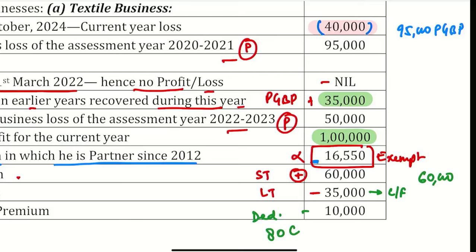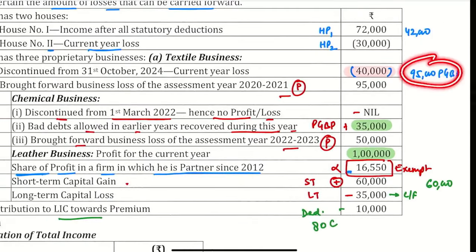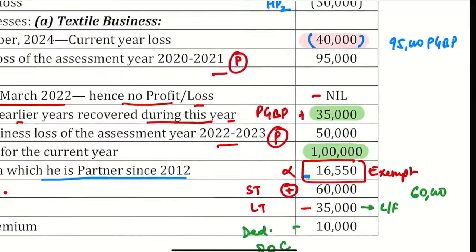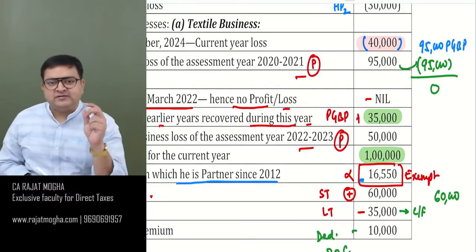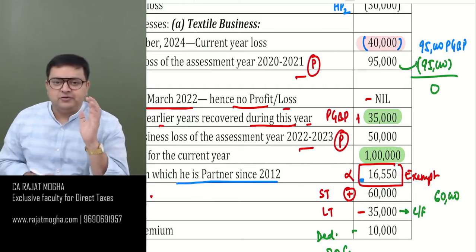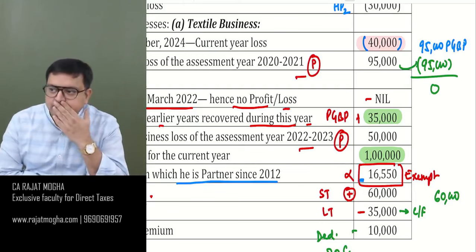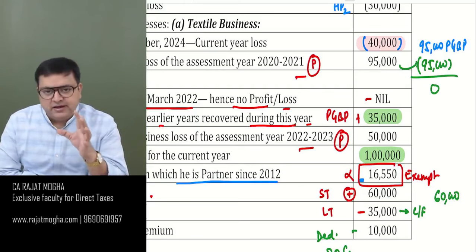Now, in this case, how much PGBP do we have right now? 95,000. Guys, which one you will give priority? The older one, this one. So this 95,000 will be set off from here, and my PGBP income will reduce to 0. Everybody is okay with this? Correct?